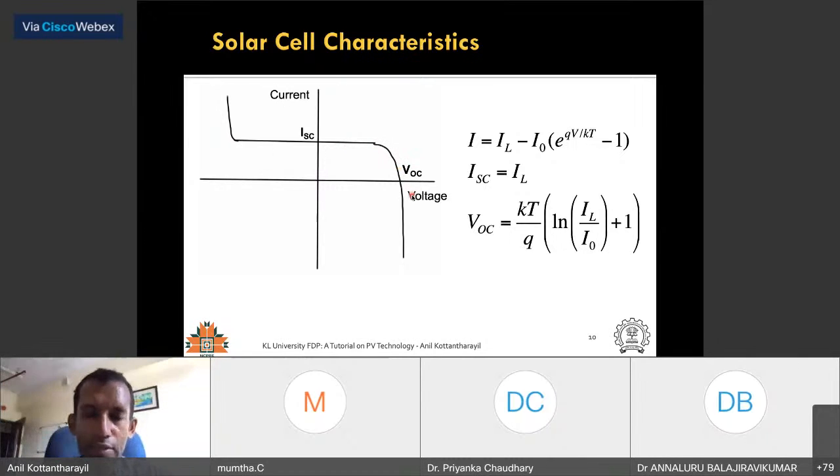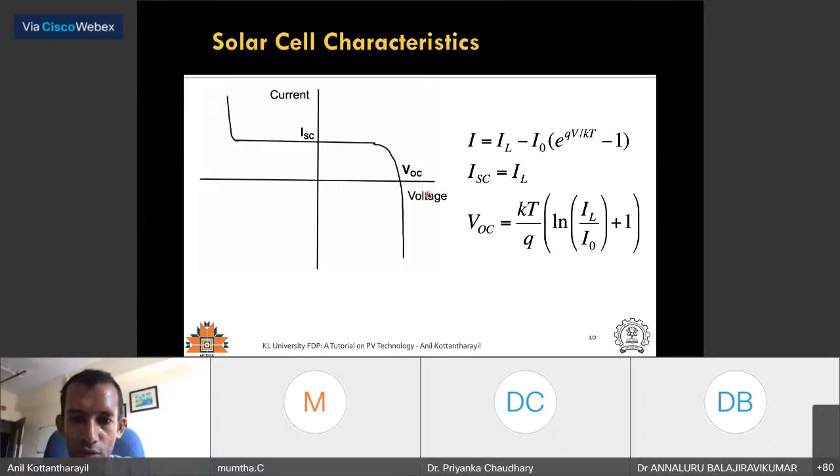We can see some parameters that are defined here, and an equation. The total current flowing through the diode, this solar cell, has two major components. This is something you would immediately recognize if you remember the diode theory. This is the diode current voltage equation.